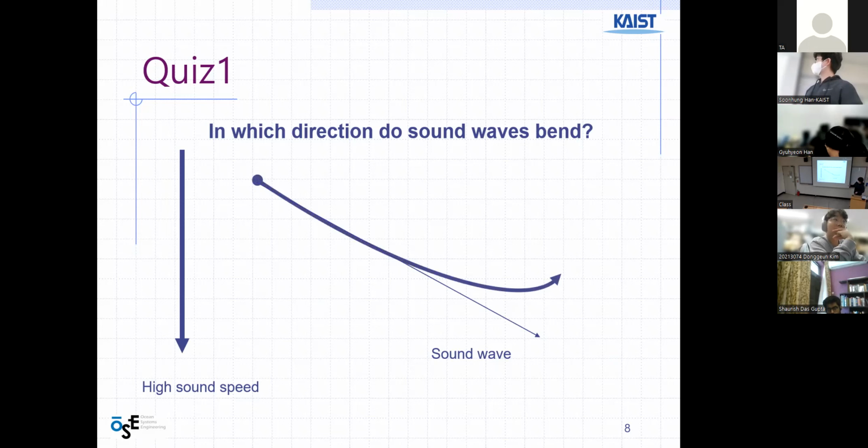Yeah, the answer is they rotate to the left side, because sound waves tend to bend toward lower sound speed.